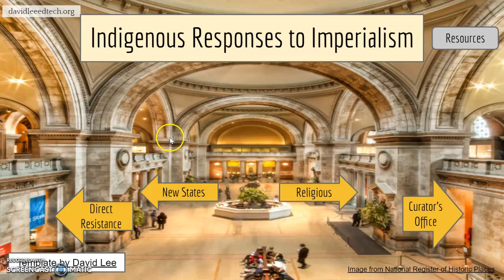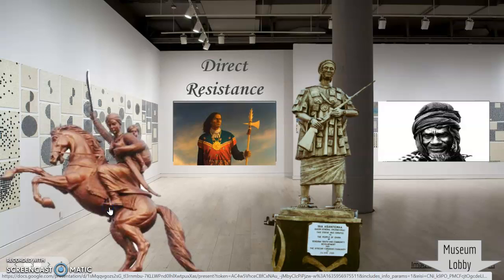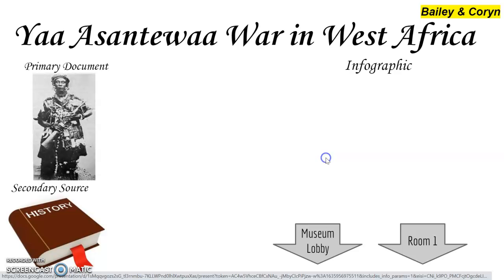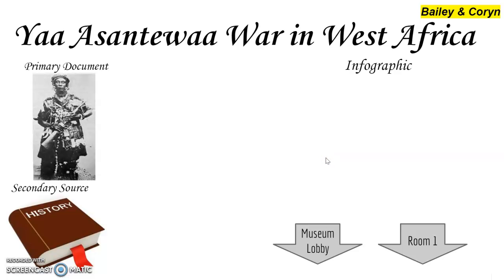Each of you have been broken up into groups of 2 or 3 to create the graphics for me that would be found in our digital museum. So if you go to direct resistance, for example, if you click on this picture, this statue, or this one, it will take you to a page. Let's say I did this one. Okay, Ya Santwa, there's nothing here.